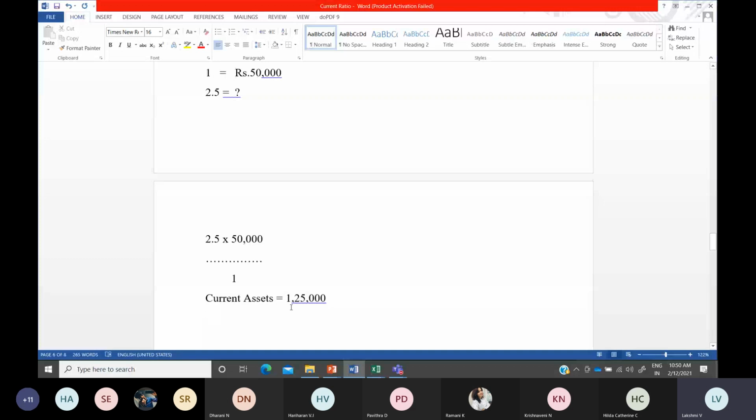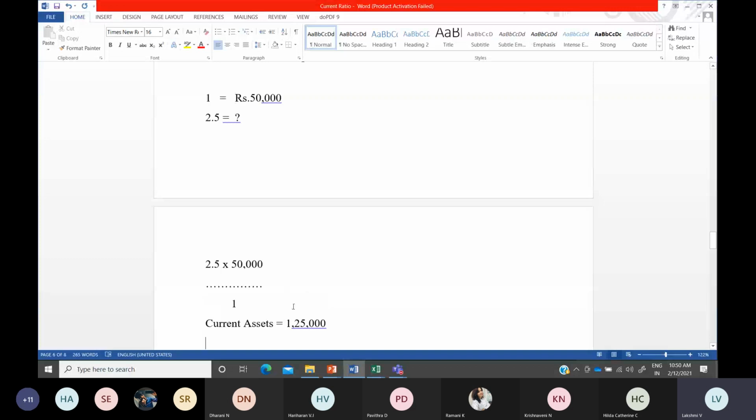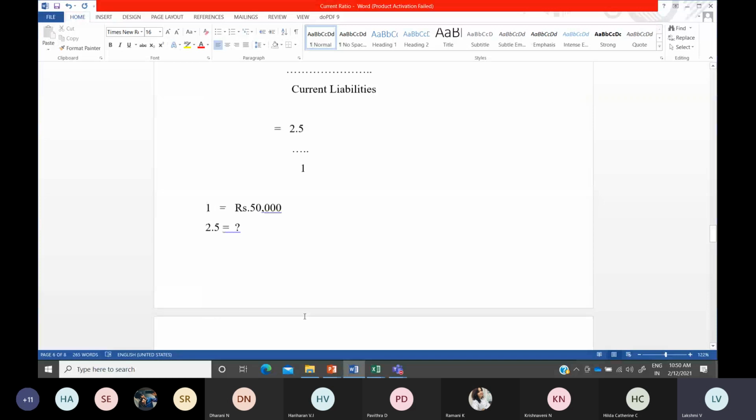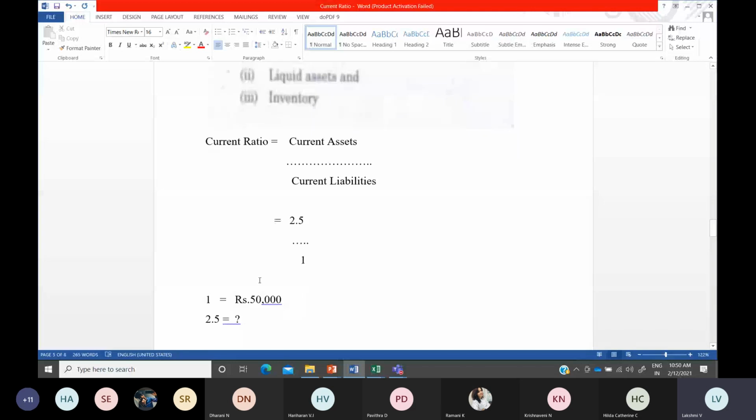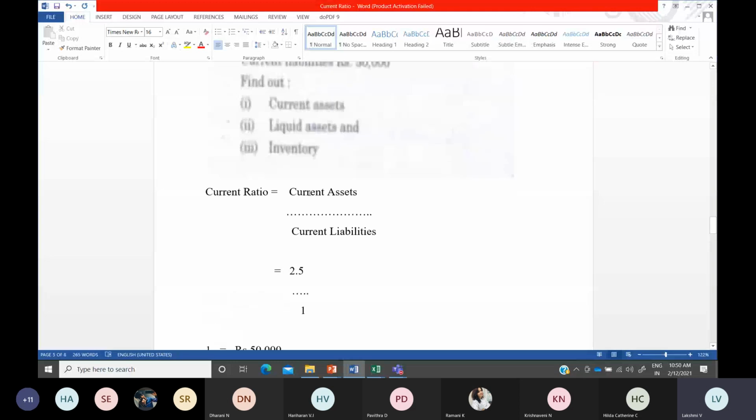Now you can also check whether the current assets is correct or wrong. How? Put 1,25,000 in the current ratio. Current assets is 1,25,000 and current liabilities is 50,000, already given. So 1,25,000 divided by 50,000, if you get the same 2.5 as the answer, then your sum is right and the current assets you found is right.